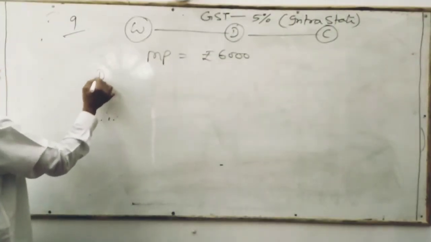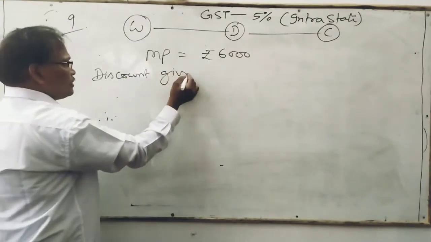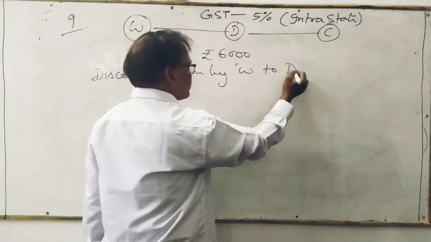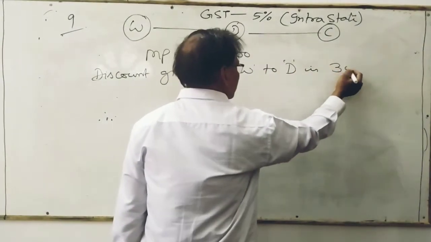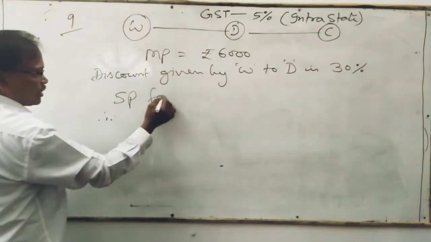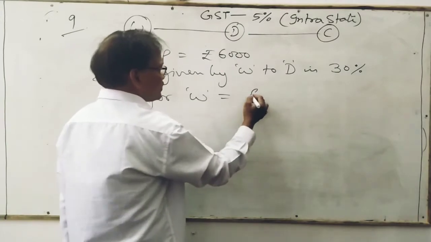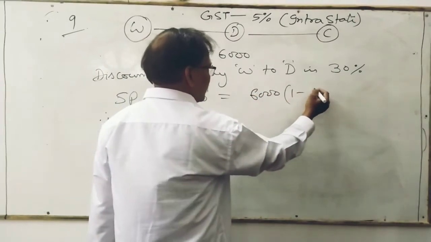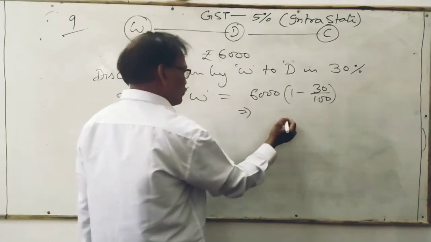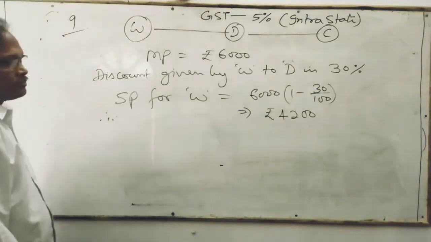Then discount given by wholesaler to dealer is 30%. To find the selling price for wholesaler, this is equal to 6,000 into 1 minus 30 by 100. This is equal to 4,200 rupees. Clear?